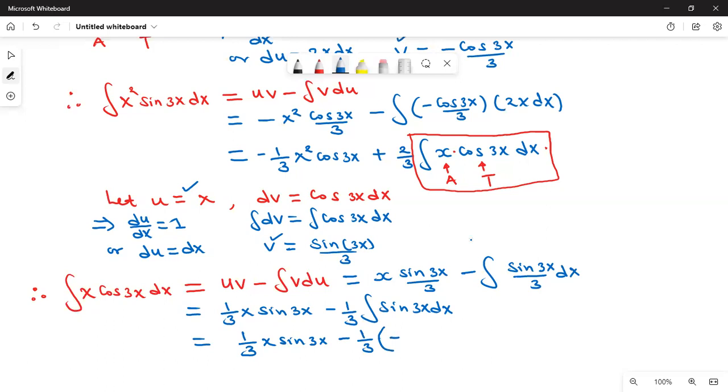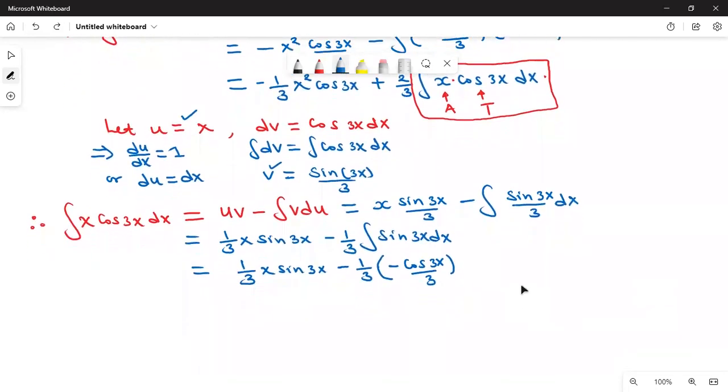So this will be negative cosine of 3x over 3. And now remember, here you can write the constant c. Or before we write c, we are still going to substitute back there. We'll write c at the end of everything, once you have the final solution.